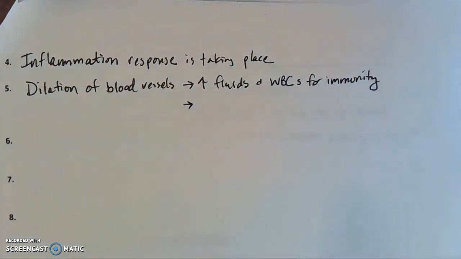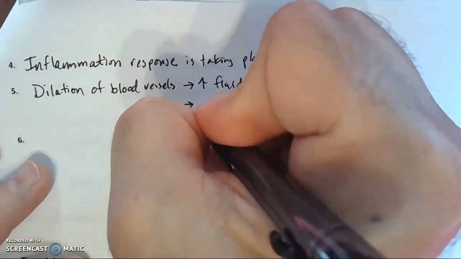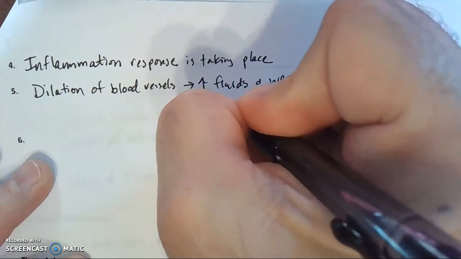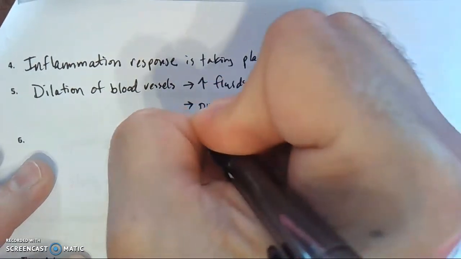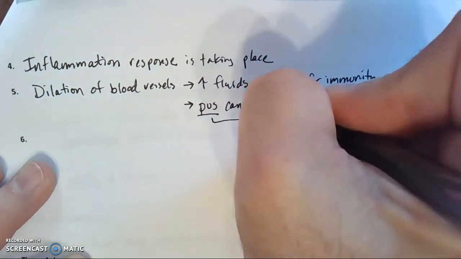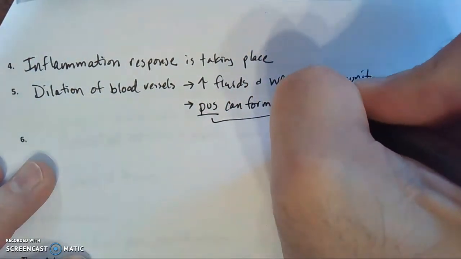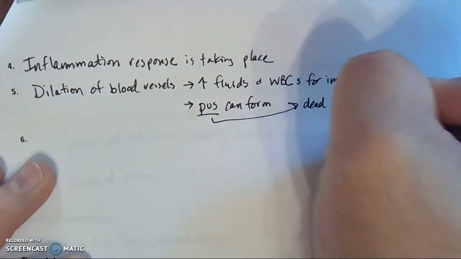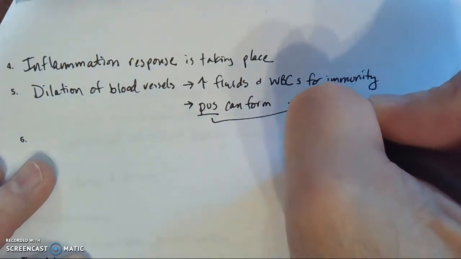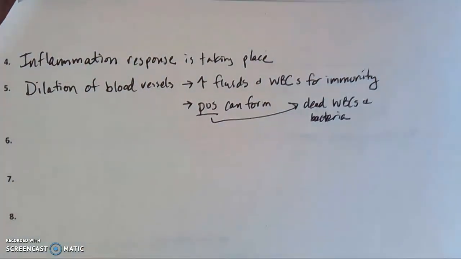If a lot of white blood cells are being produced and there's a lot of bacteria in there that don't get killed, something called pus can form. And pus is basically dead white blood cells and bacteria. So as some white blood cells attack the bacteria, the white blood cells actually die along with the bacteria, and it forms a substance.